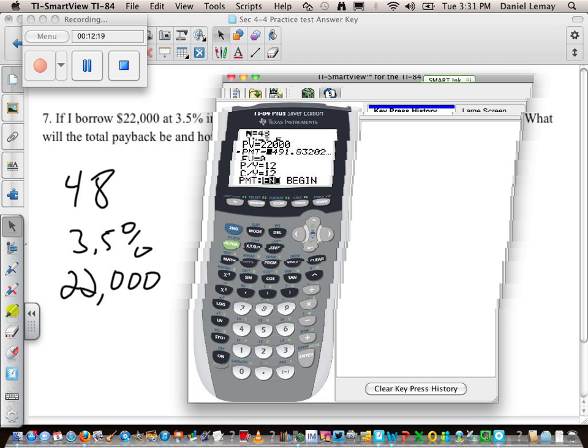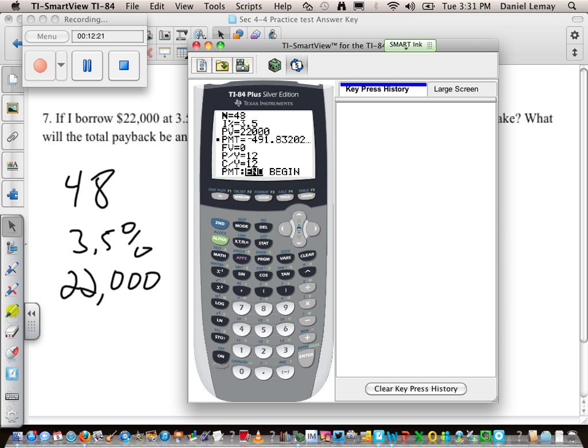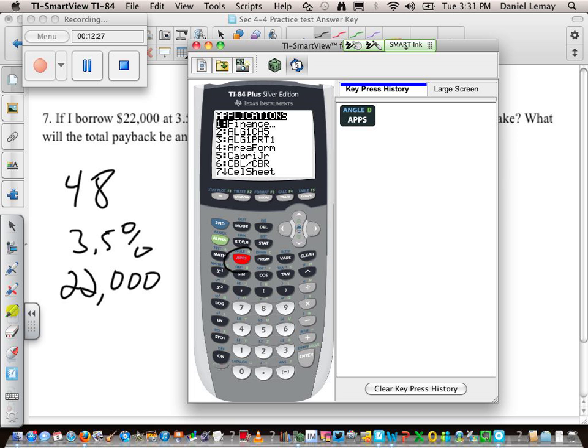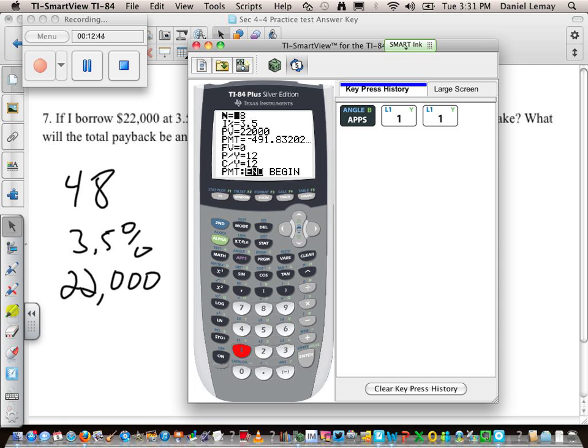So on my calculator, you press apps right there. Then I want the finance, so I'm going to either hit enter or type 1, and I want the TVM solver, so I'm going to type another 1.